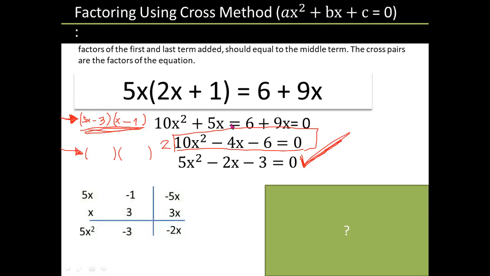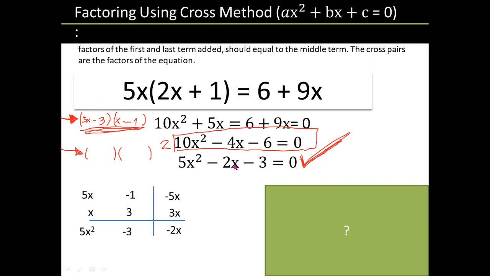Now remember, all right, to get the factors of the first and the third term so that you can get the second term. Okay, so factors of 5x squared are 5x and x. And factors of, take note, negative 3. So therefore, it should be positive and negative because we have negative 3.